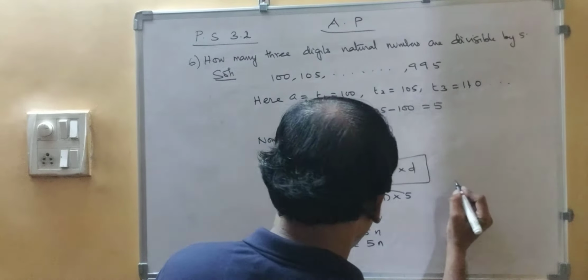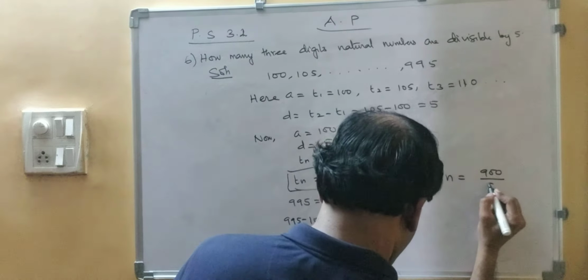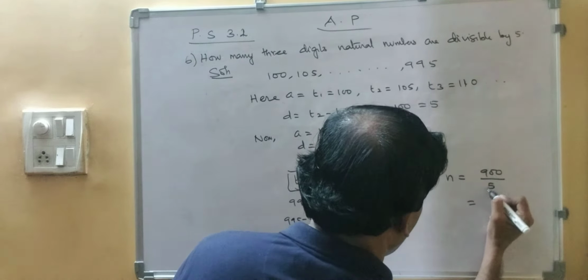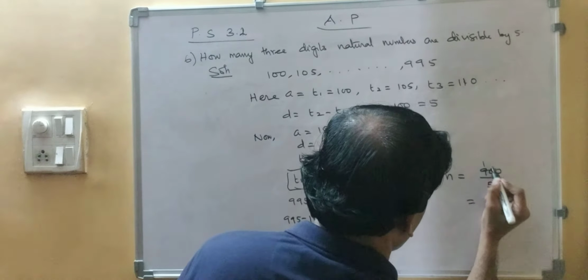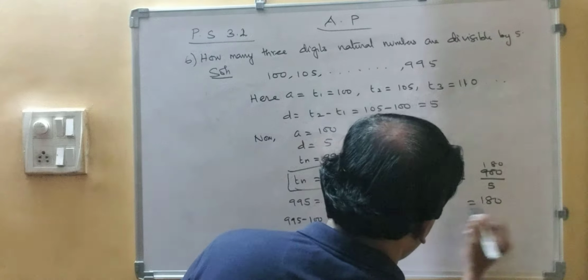Therefore, n equal to 900 upon 5. So, that is equal to 5 table. So, 180.